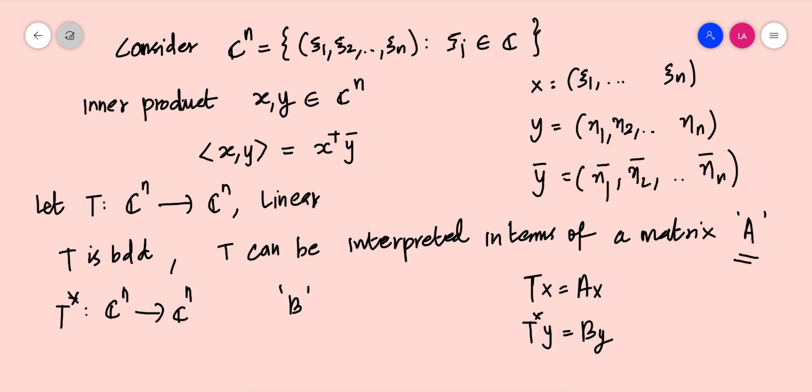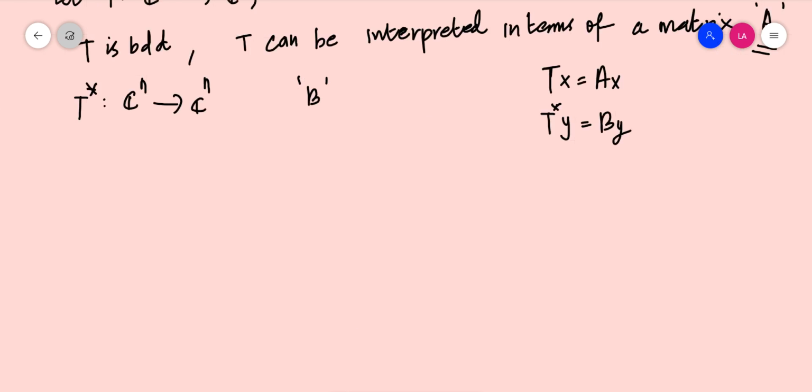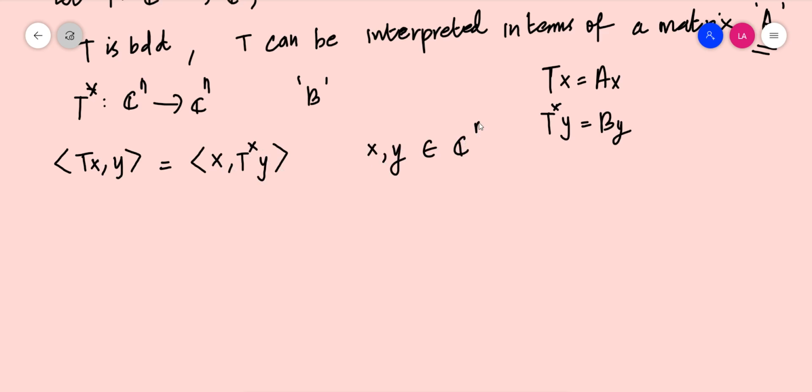Now, we have to somehow relate T and T star with respect to these matrices A and B. Since T star is the Hilbert adjoint operator of T, by definition it should satisfy inner product Tx, y equal to inner product x, T star y, where x and y are elements of Cn.